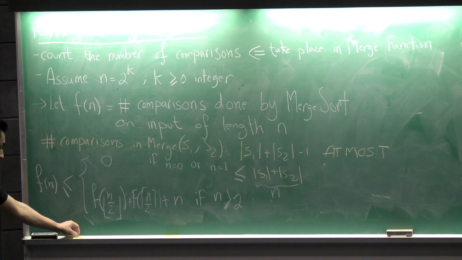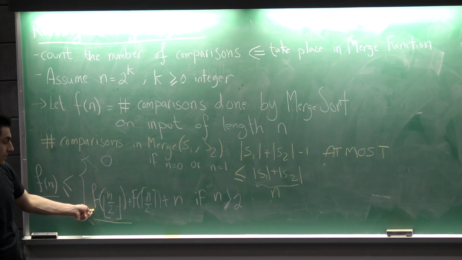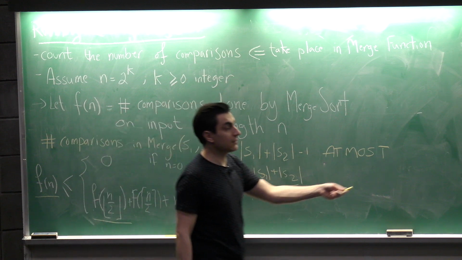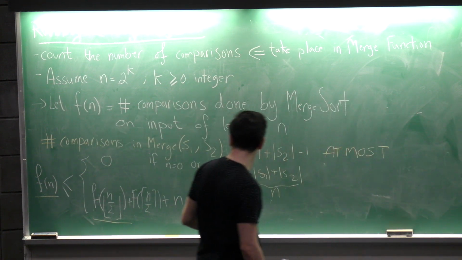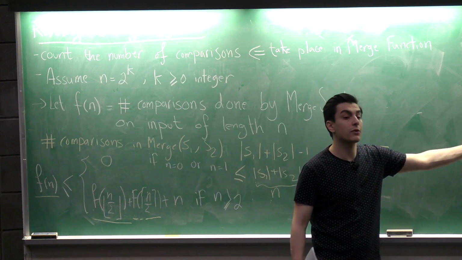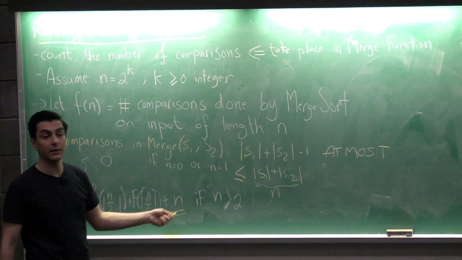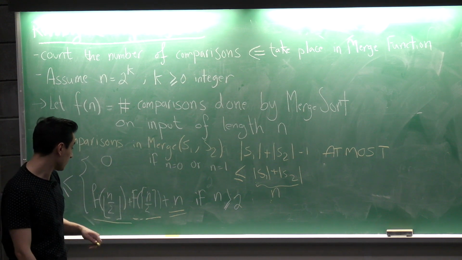What does this mean? The number of comparisons that our MergeSort function will do is going to be the number of comparisons we're going to make on the first part of the list inside this function, and the number of comparisons we're going to do inside the merge sort that we're going to call on the second part of the list, plus the number of comparisons we're going to do inside merge. Right?